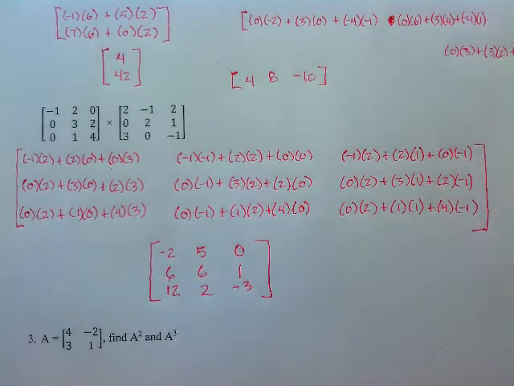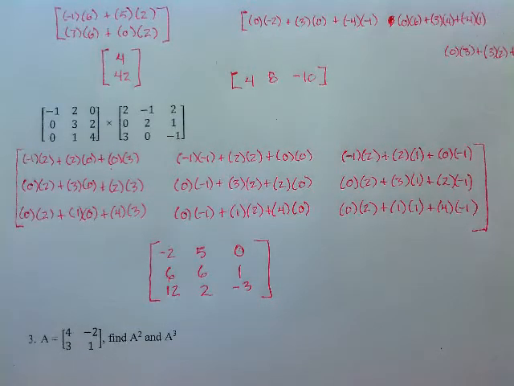And so, when we multiply a 3 by 3 times a 3 by 3, we end up with a 3 by 3. A 2 by 2 times a 2 by 2 would end up as a 2 by 2.